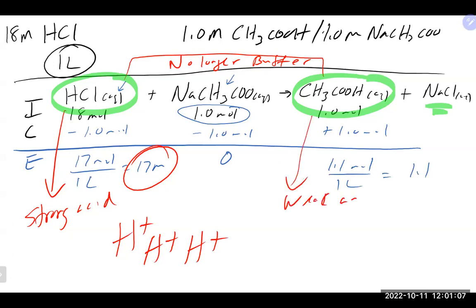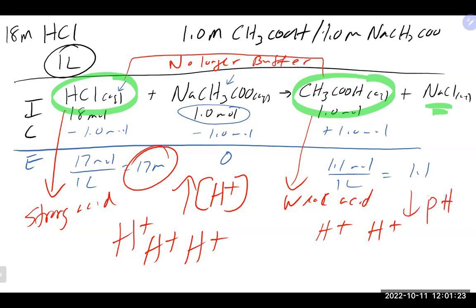We actually are left at this point with 2 acids, a weak acid and a strong acid, which will also have some H+ generated, which means we have just made our H+ concentration go way up. And we would definitely expect the pH to go way down. And we would see a really big jump in pH at this point because we are generating a lot of H+. Yes, sir.